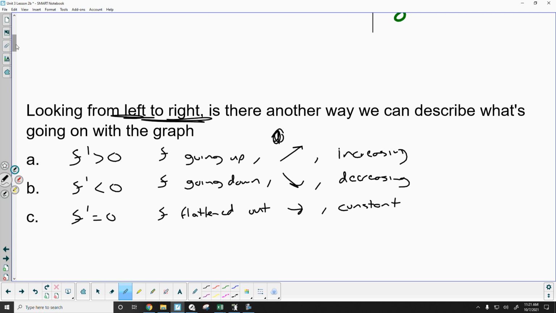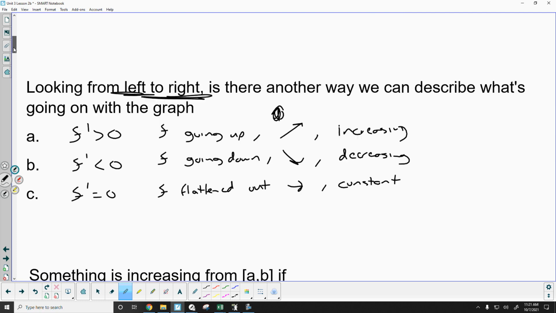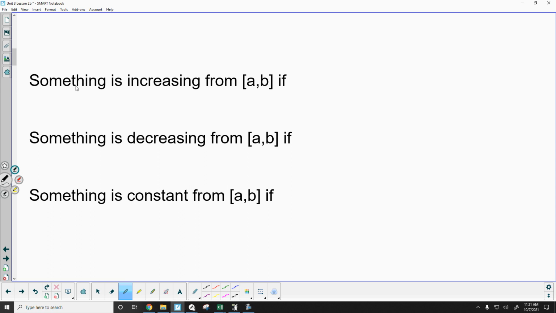I might ask you, when is the velocity of this object increasing? No longer are you going to create a table, look at y values, and hope to see them going up. You now are calculus students, and you will know that something will increase if its derivative is positive.